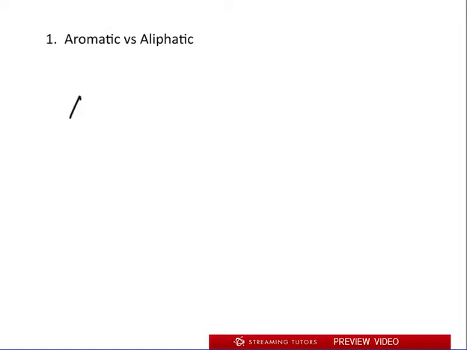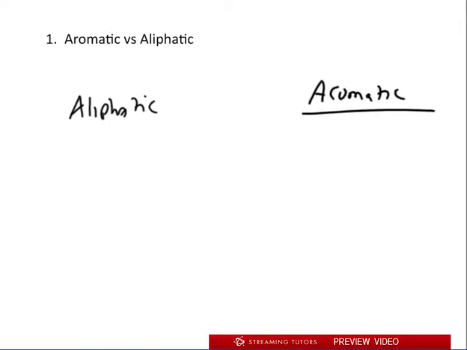Now, the first thing is, what is aliphatic, right? What's aliphatic compared to aromatic? Now, there's a lot of different ways to look at this, but the simplest way to explain it is that an aliphatic system is where you have more H's per carbon. So the hydrogen-carbon ratio is much greater than an aromatic.